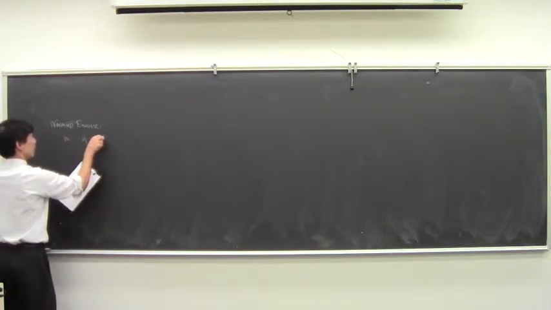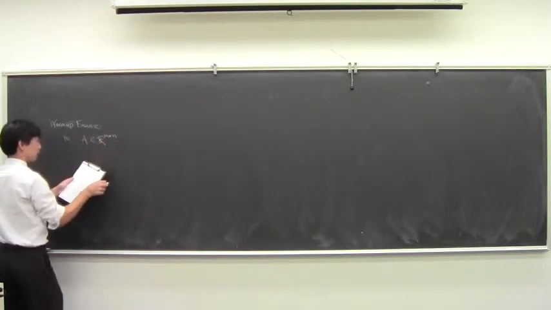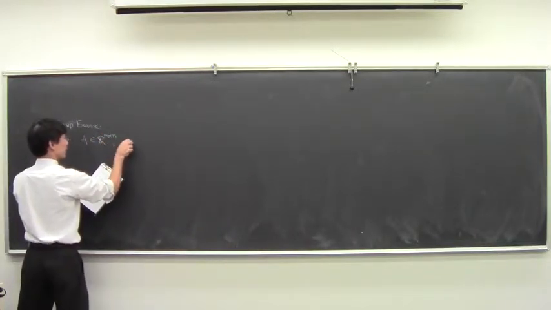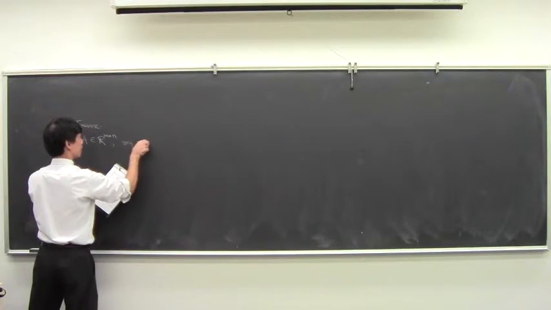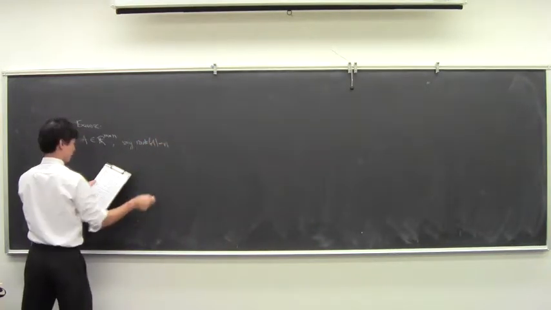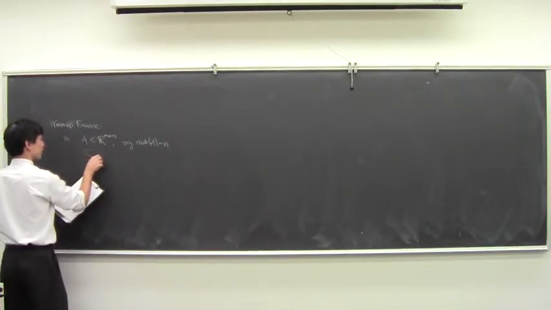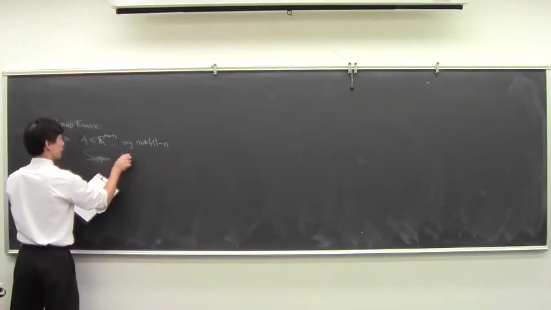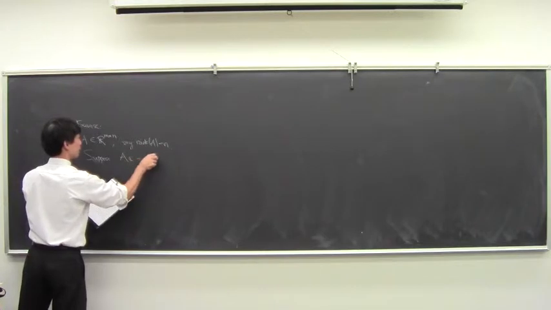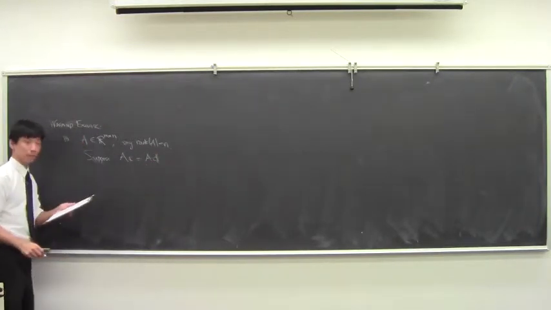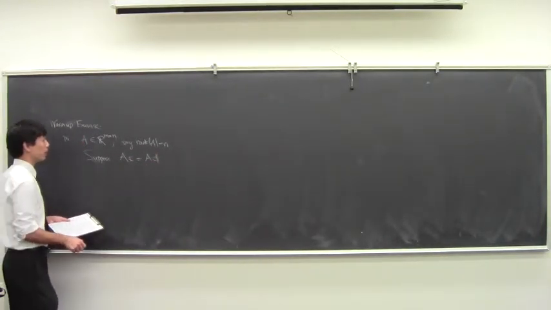A is an m by n matrix, and let's say that the rank of A is n. And suppose A of some vector equals A of some other vector. So you've got these two vectors.